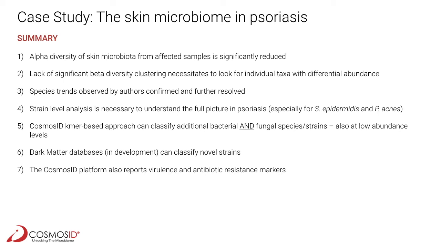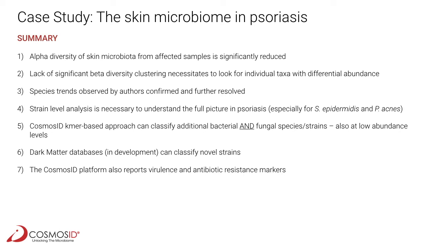And strain level analysis ultimately is necessary to understand the full picture in psoriasis, especially for Staphylococcus epidermidis and P. acnes, where we were able to show that the overall trend at species level requires further resolution, as some strains are supporting the trend, however other strains are moving in the other direction.